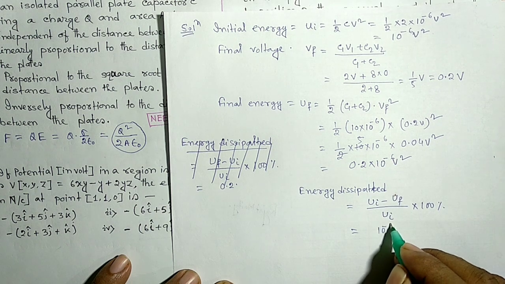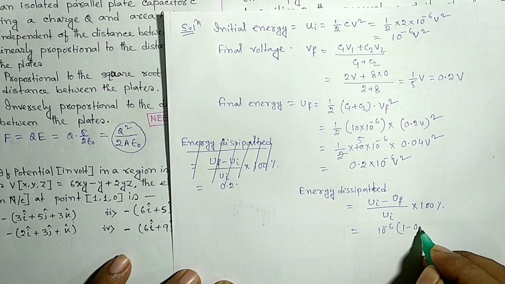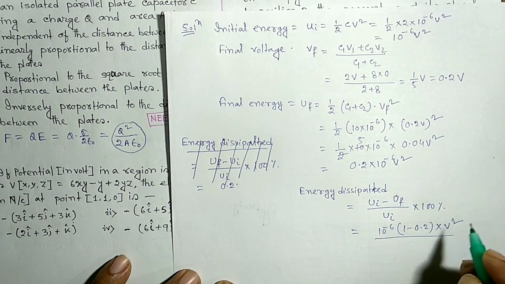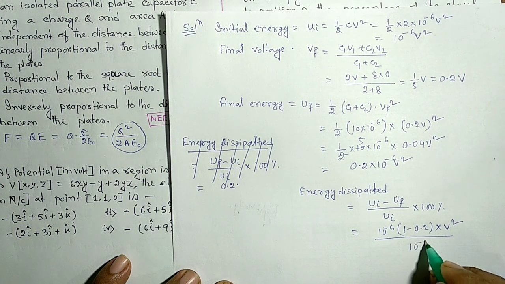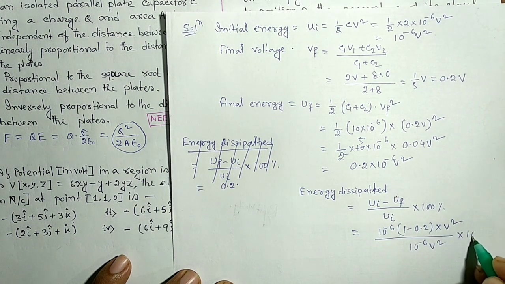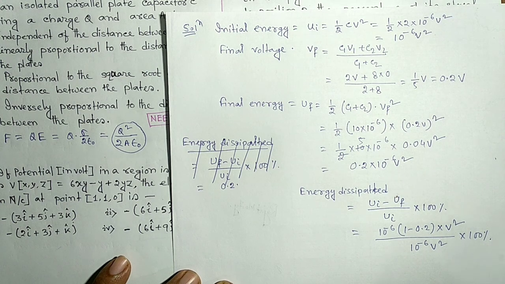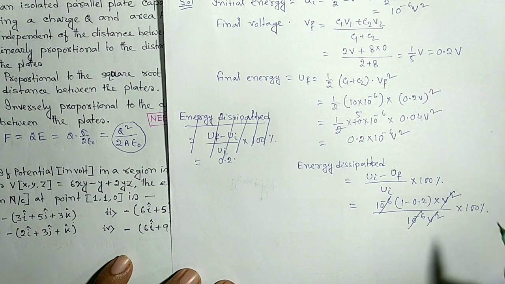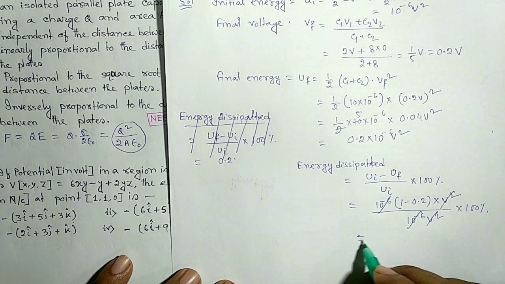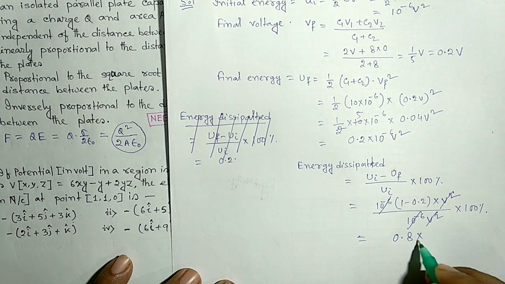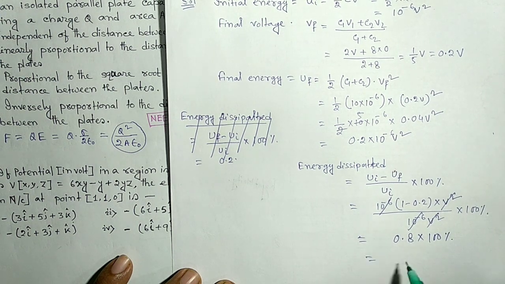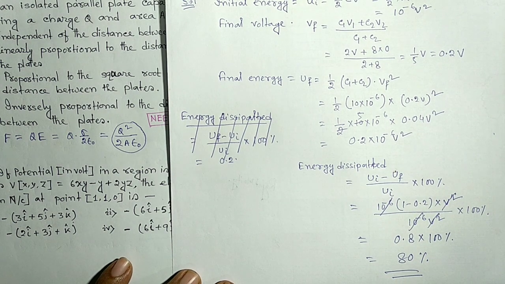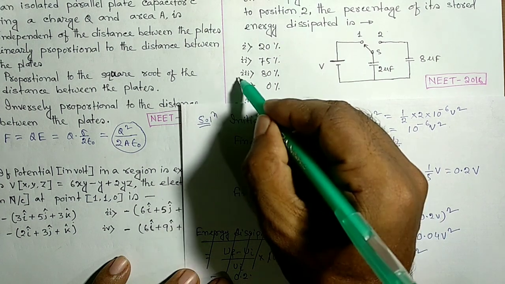So 10 to the power minus 6 into 1 minus 0.2 into V square, divided by 10 to the power minus 6 V square, into 100%. Now 10 to the power minus 6 V square cancels. So it is equal to 0.8 into 100%, which is 80%. So energy dissipated here is 80%. So option 3 is the right answer.